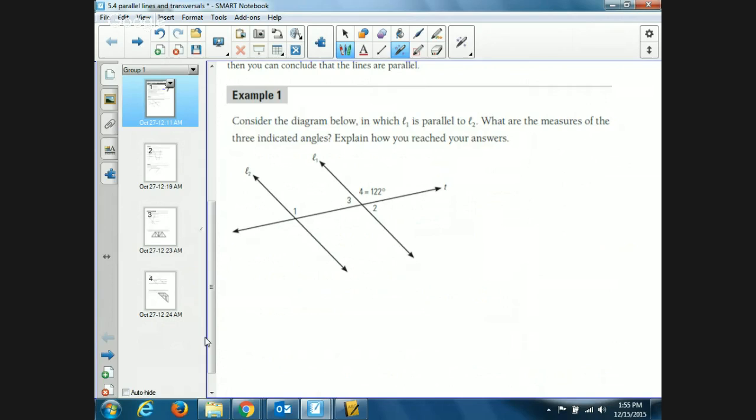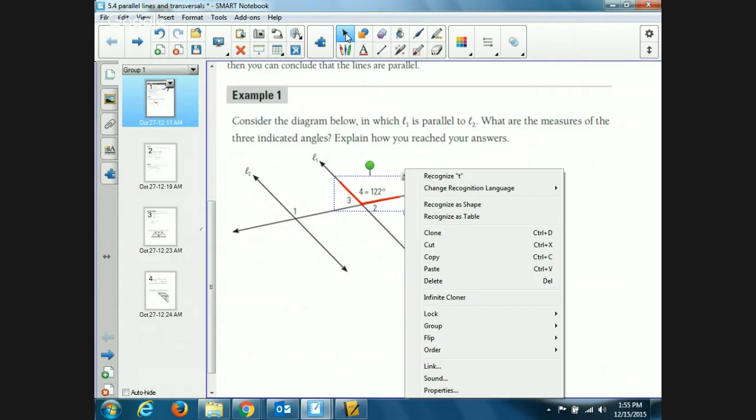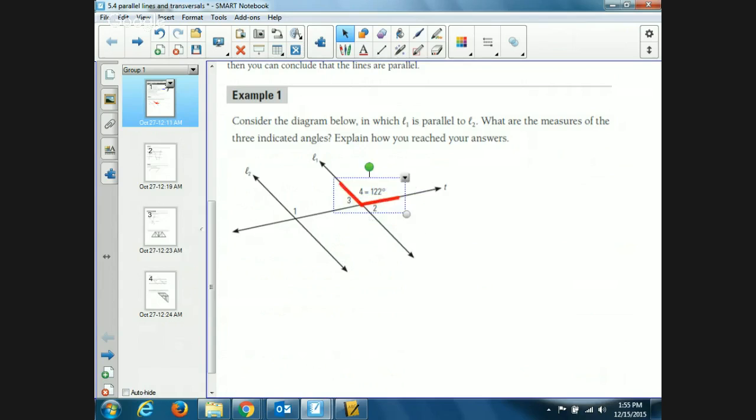Now, a few things to do here. Here's what I'm thinking. Angle 4, just darkening that. Do you see how angle 4 is corresponding to angle 1?